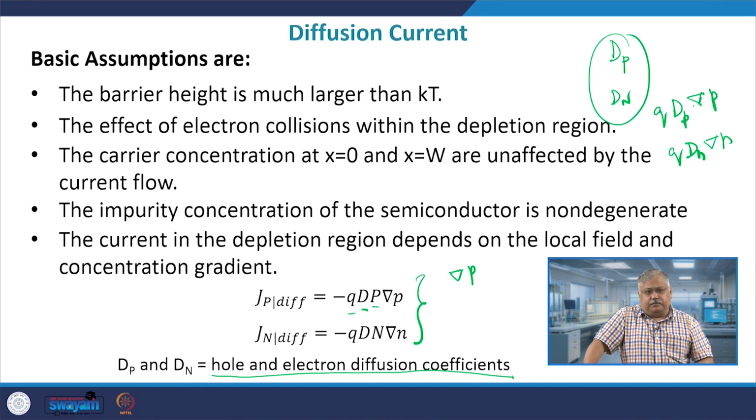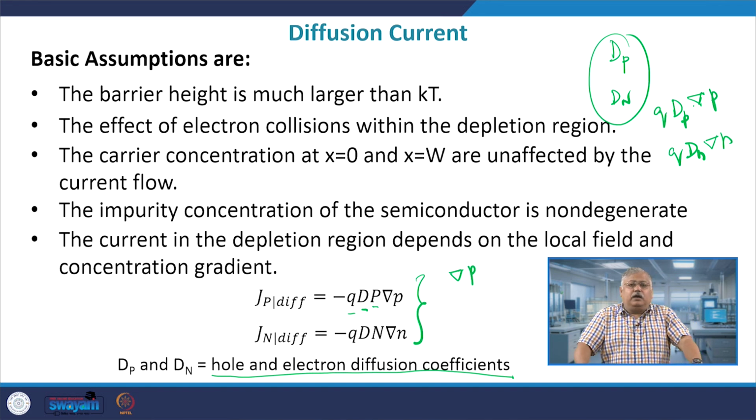The assumptions are that electron collisions within the depletion region are neglected, and the carrier concentration at x equals W and x equals 0 is unaffected by the current flow, which means that when current is flowing, the carrier concentration at a particular point is not changing. Also, the impurity concentration of the semiconductor is non-degenerate, which means it is very low, so the impurities do not scatter the charge particles from one point to another.